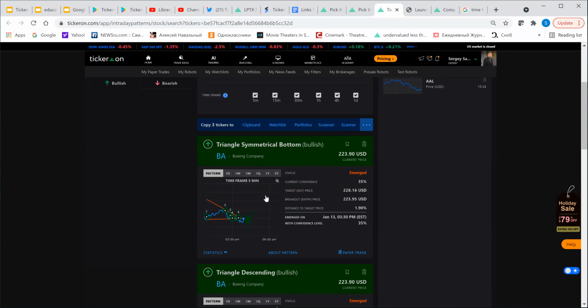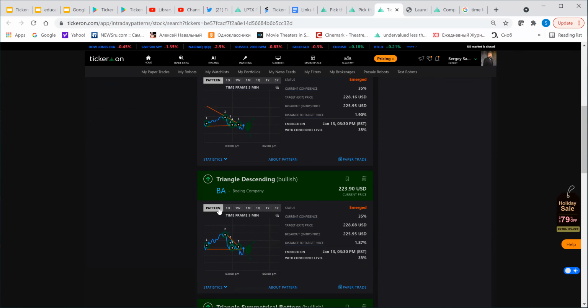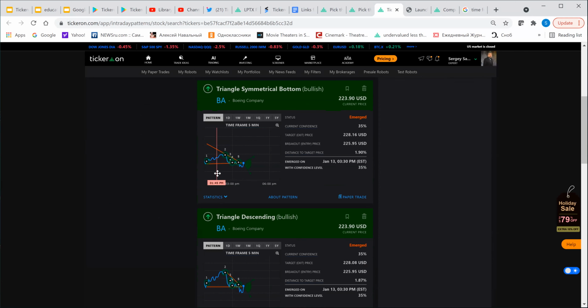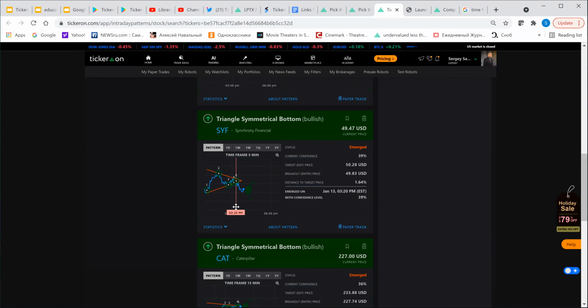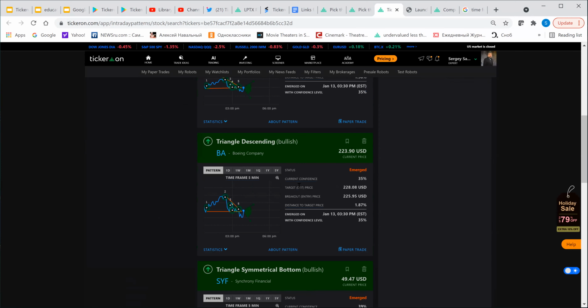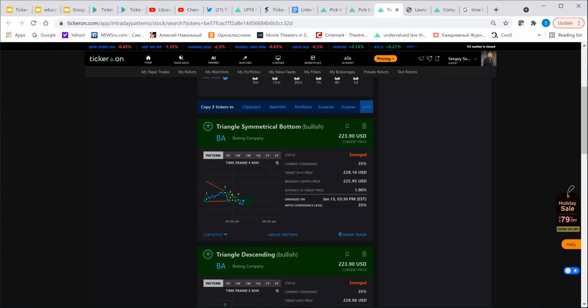And now we see these patterns instantly, all kinds of triangular patterns, and then with what kind of data? Look, the confidence level to reach the target price, target exit price, and the entry price.